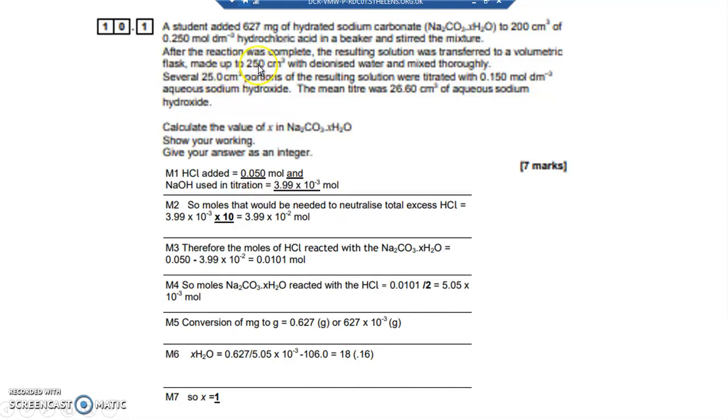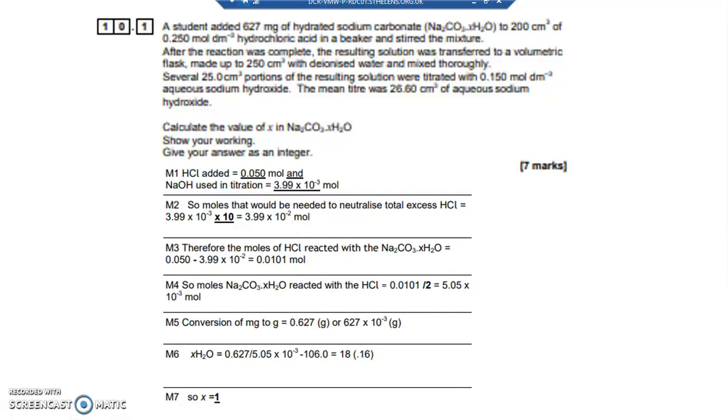We've worked out how much hydrochloric acid was left over in the 25 centimetre cubed sample, but we need to times by 10 to work out how much was left over in the 250 centimetre cubed sample. 3.99 times 10 to the minus 2.